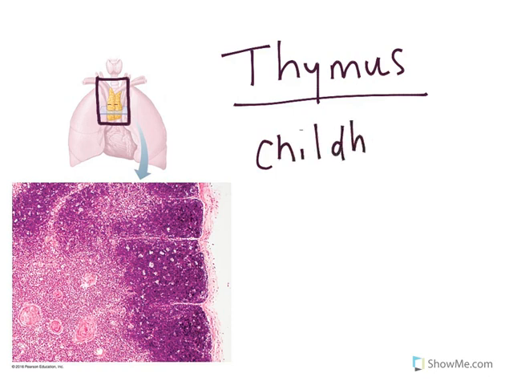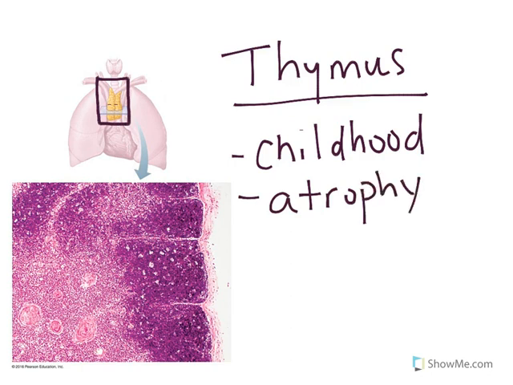If you recall about immunity, we are not really born with a very strong immune system. We have to be exposed to things in order to build immunity to antigens. So it's the most active and largest during childhood when we are gaining our exposure. And then as we go into adolescence, it starts to atrophy. Remember, atrophy means to shrink.